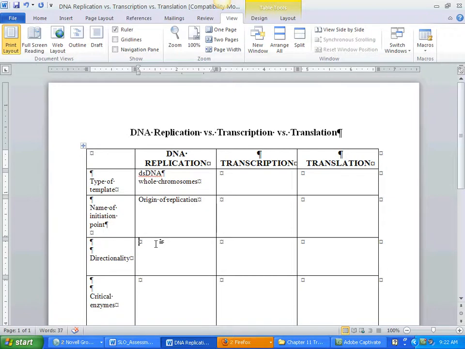Directionality: students will often immediately say 5' to 3' is the directionality, and that's true. So on each strand, the new strand is built from 5' to 3'. You could also say that from the origin of replication, DNA replication occurs bidirectionally.